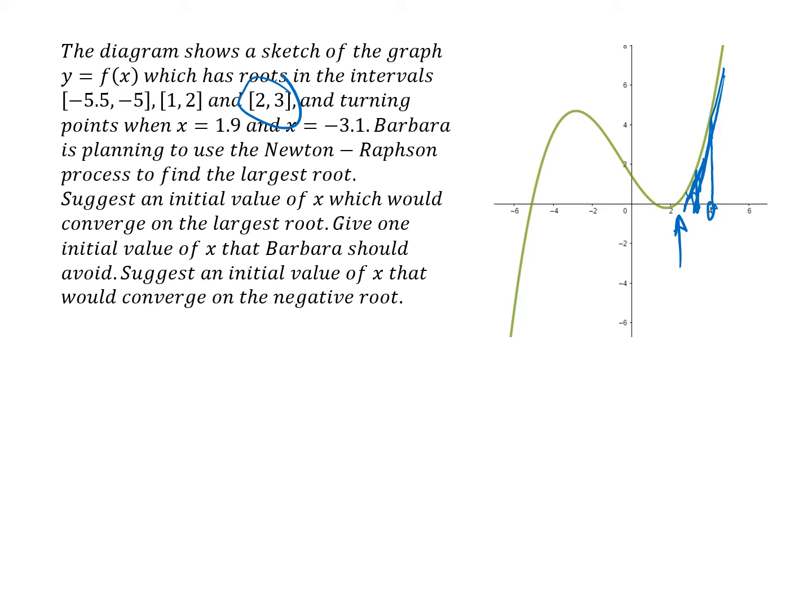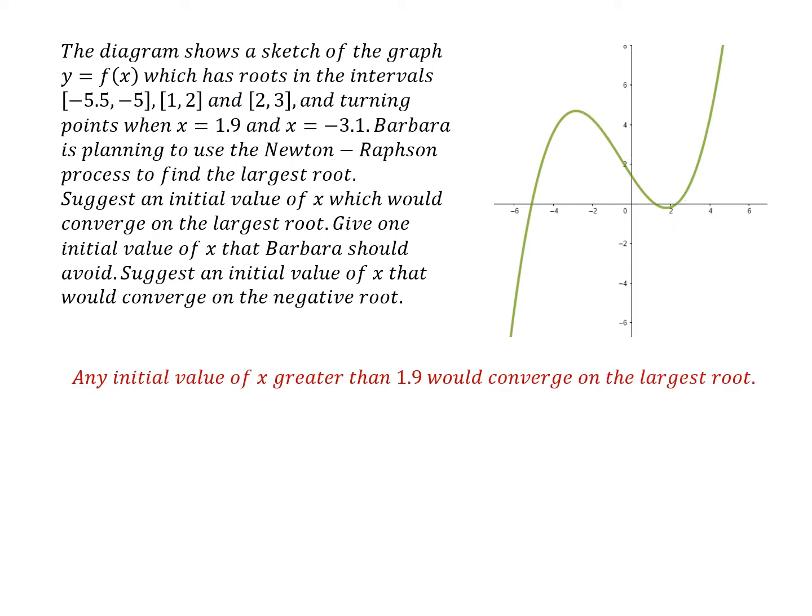And there are some points here where if you took the tangent from there, they would home in on that largest root as well. But to be safe, any value of x greater than 1.9 would converge on the largest root.